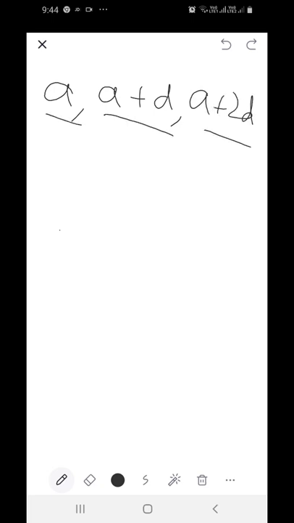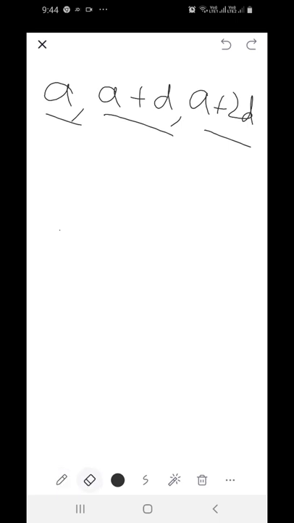If they would have given the sum of the first three numbers, then I would have taken it as a, a plus d, a plus 2d, like this. This is the only series of AP. But it is given the sum of three numbers. It means they have taken the three numbers from somewhere in between the AP.